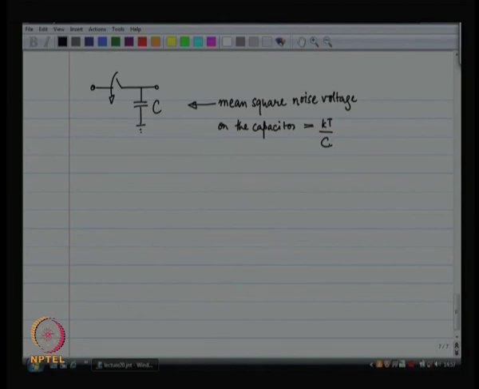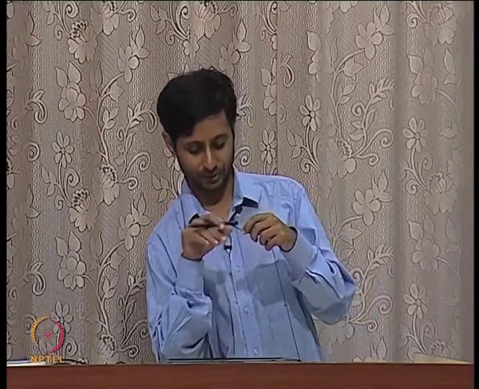It is coming from the switch, but its value has nothing to do with the resistance of the switch, it is irrelevant. It is coming from the switch, true, but its final value is independent of the resistance of the switch.